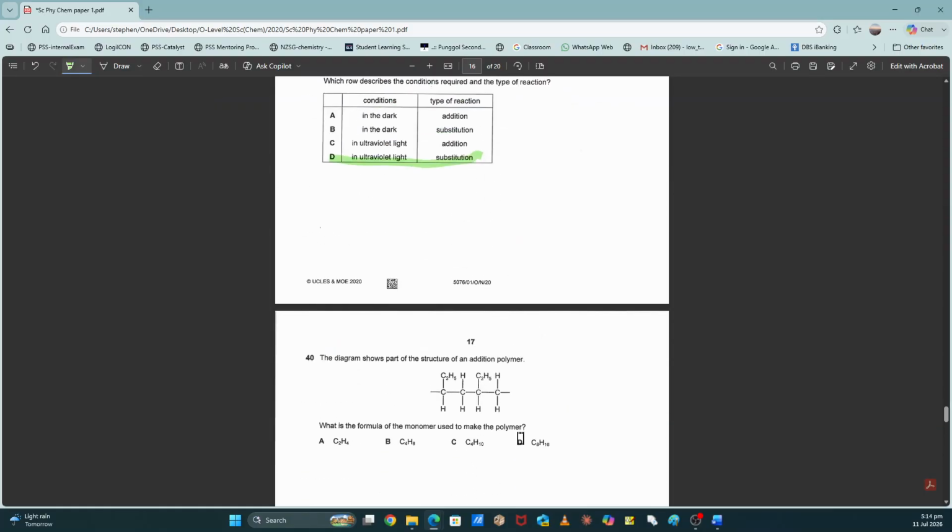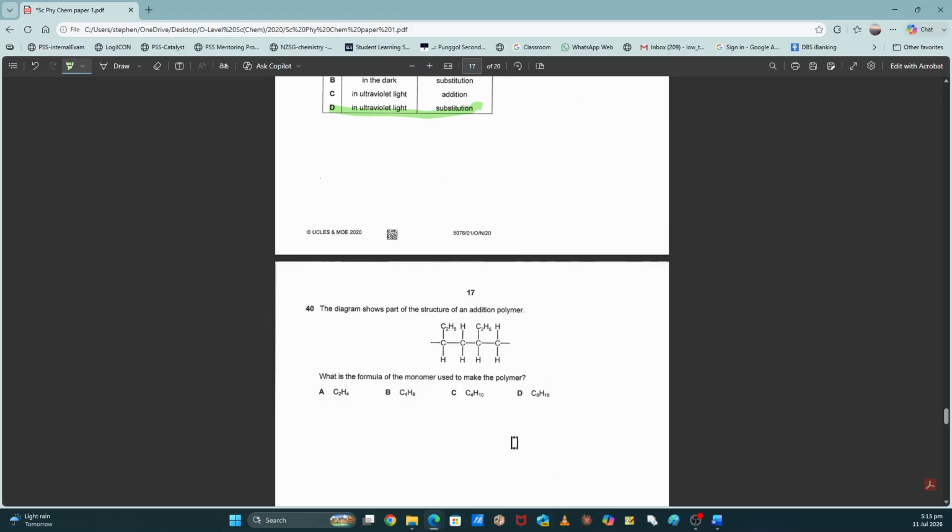No more. Okay, last one is called polymer. Then there's a monomer. Monomers all have a double bond. Okay, monomer has a double bond, but not necessarily an alkene.